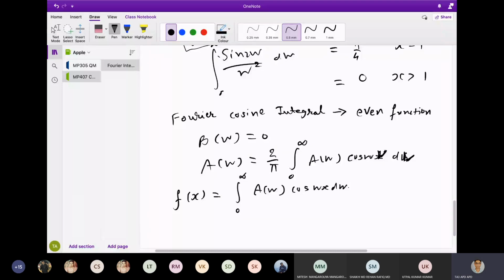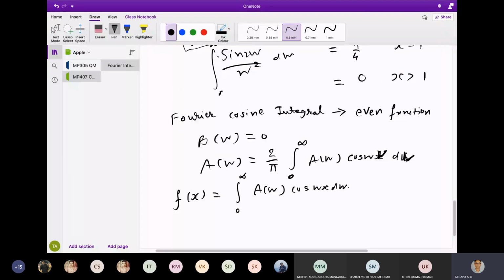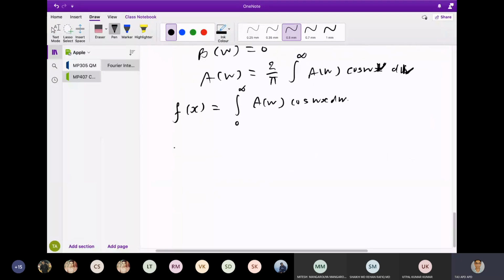At one level it doesn't make much difference because you're going to put a limit over here, but it is better to follow the notation. So that will be your Fourier cosine integral, in which the value of a is going to be this. Similarly, one can write the Fourier sine integral.